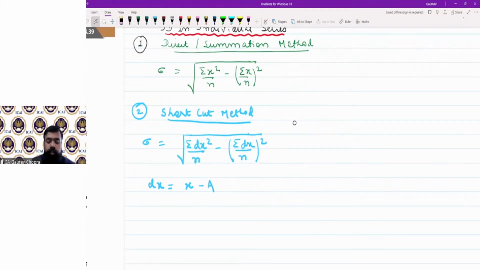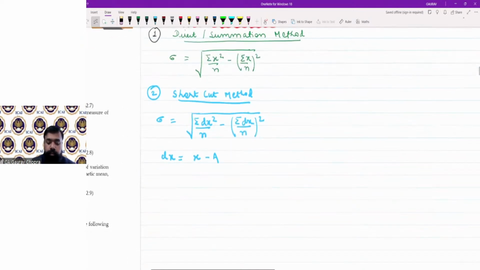And now the third one, let us write the third formula. We will be using the step deviation method in continuous series. And now we will be using one more formula, which uses the mean, that is, we can take deviation using the mean.